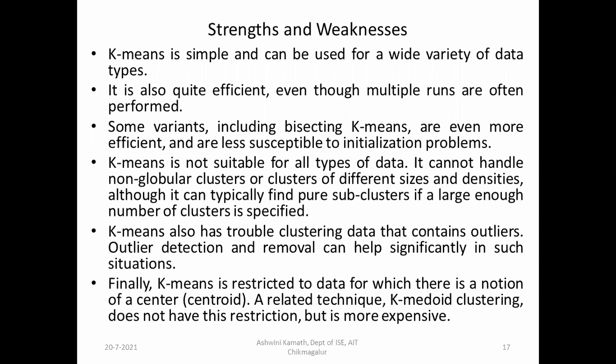I told you this in the last class, right? For document kind of data, we can use K-medoid clustering. It does not have the restriction of having to create a centroid or middle point, but it is more expensive when compared to K-means.